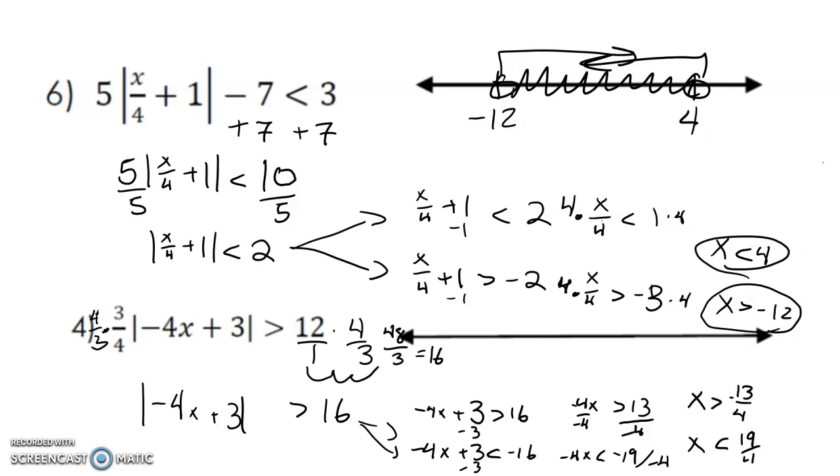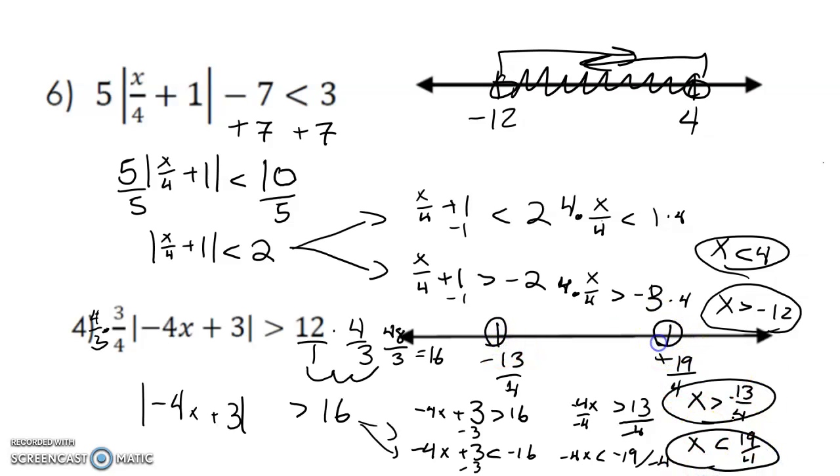And then we go up to here. I put my negative number over here, and then my positive number goes here. Both of them are going to be open circles, so I'll circle them real quick. Both of them open circles. x is greater than negative 13 over 4. Actually, hold up. I made a mistake.